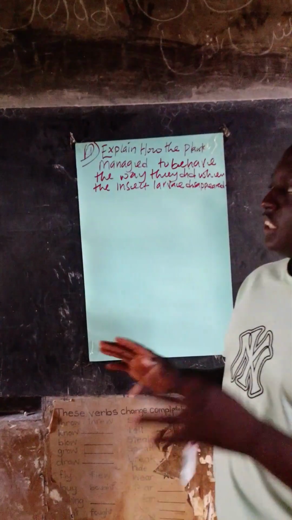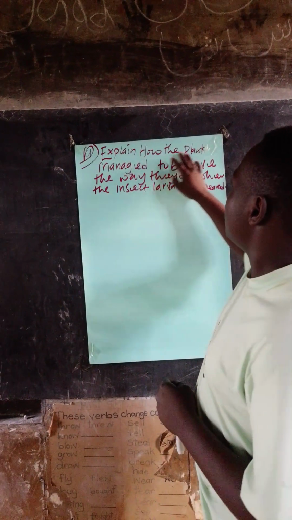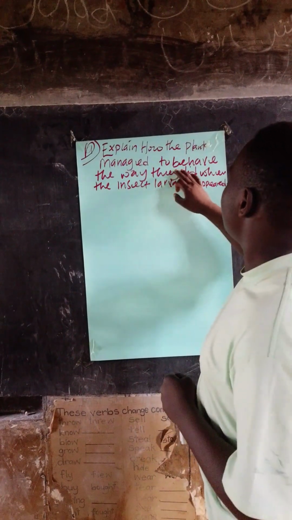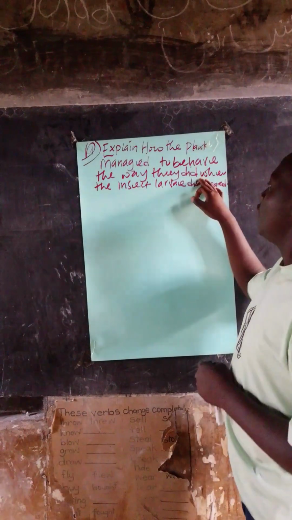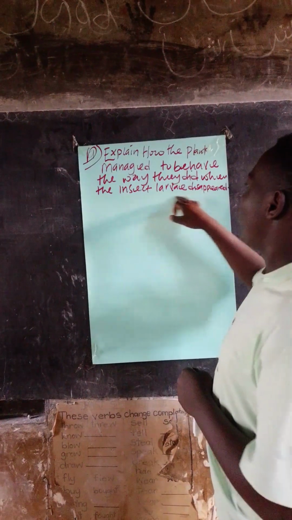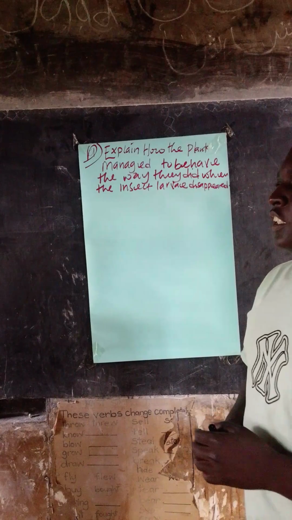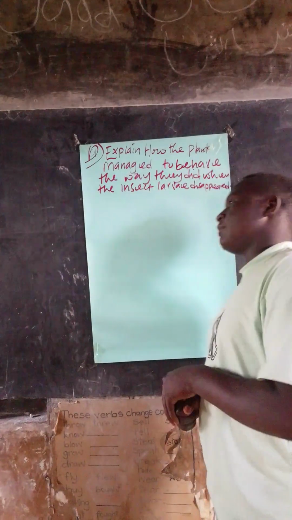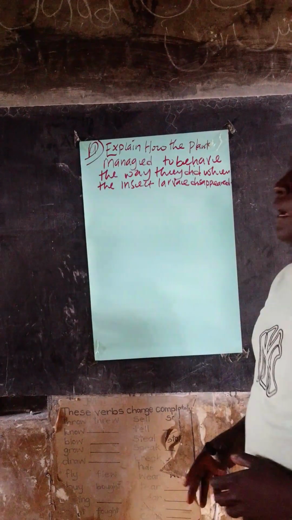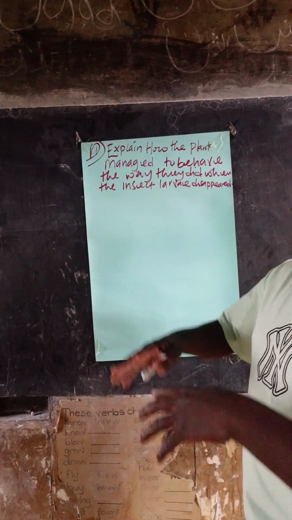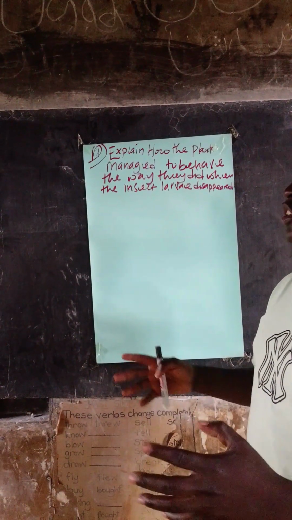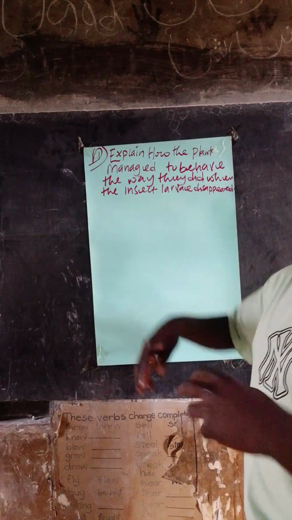So the question says, explain how the plants managed to behave the way they did when the caterpillar or insect larvae disappeared. We know that during that stage, the larva is collecting the food it is going to use in its dormant stage.